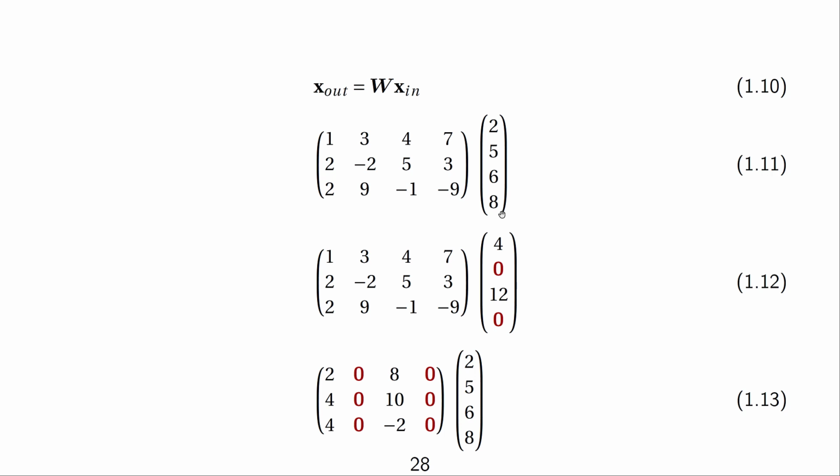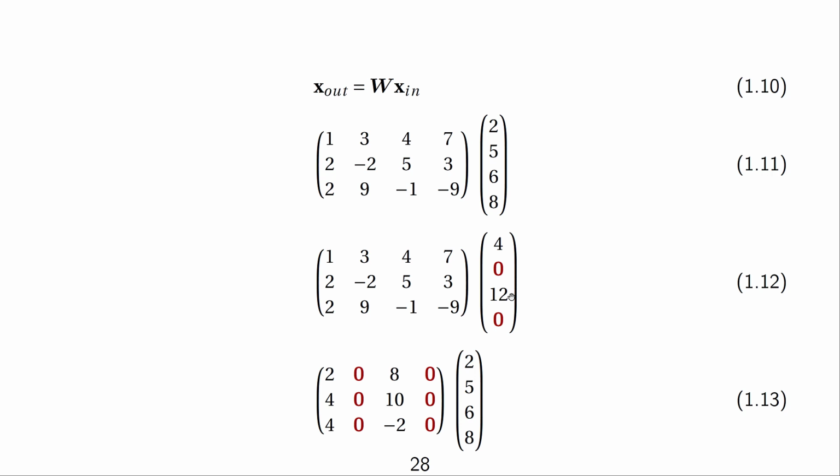When, before coming to this linear layer, we pass this vector x in to a dropout layer, then some values will be changed to 0, and others will be multiplied by the 1 divided by p factor. In my example here, I pick a dropout probability of 0.5. So randomly the second and the fourth value were set to 0, and the other two are multiplied by 2 to compensate. So 2 times 2 is 4, and 2 times 6 is 12.